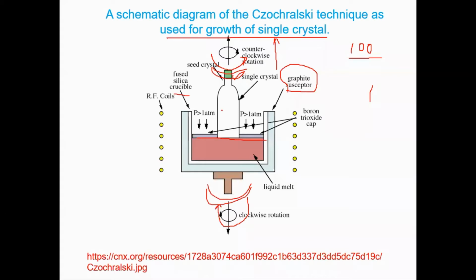So this gives a cylindrical shape. This keeps on being pulled up and moving in this direction, and you will get the Czochralski technique, and a crystal is grown. So this is the entire process of how your crystal is grown.